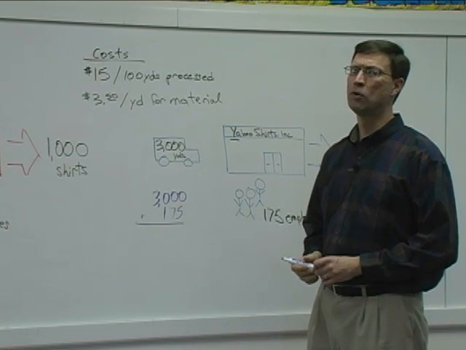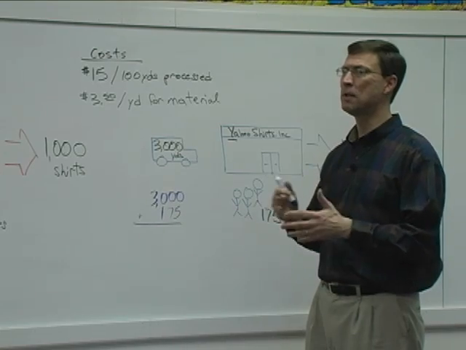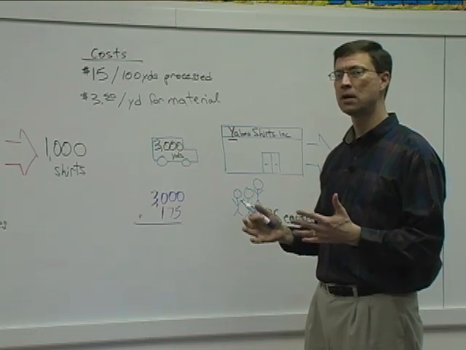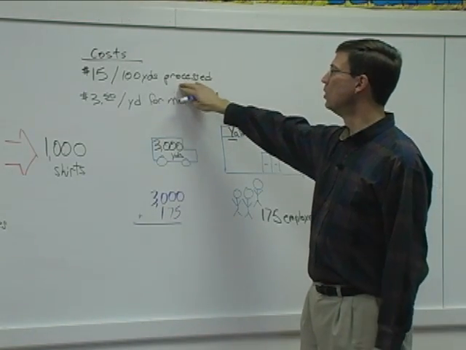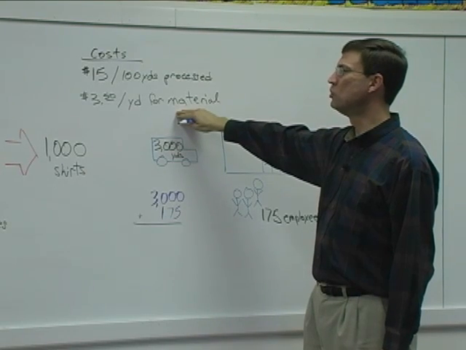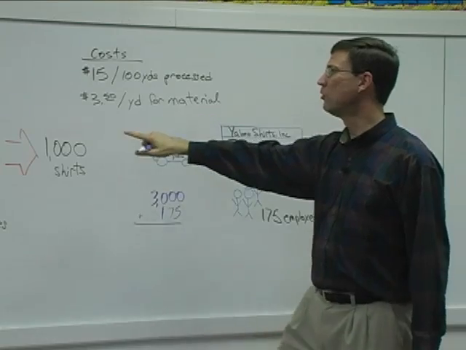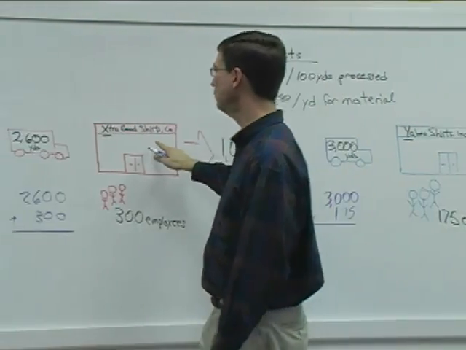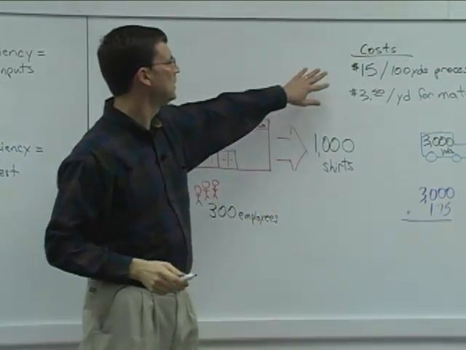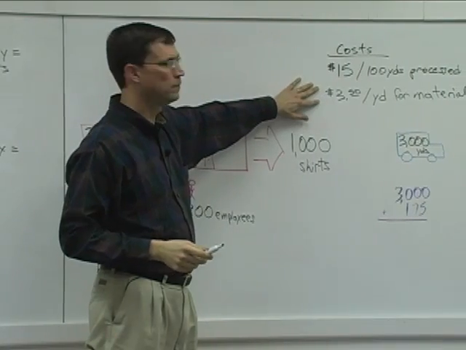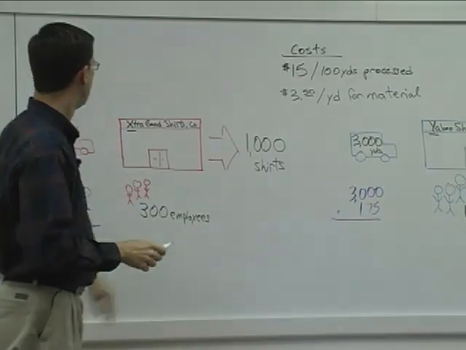Now, the one that takes a little more thinking and a little more math, because there are several steps involved, and this is usually where students get hung up, is thinking through the math to do the economic efficiency. So let's figure out the total costs for the Extra Good Shirt Company. We know that it's $3.50 per yard for the material.